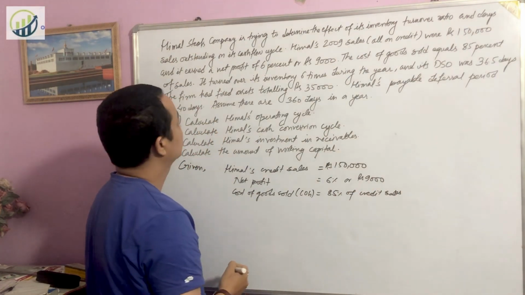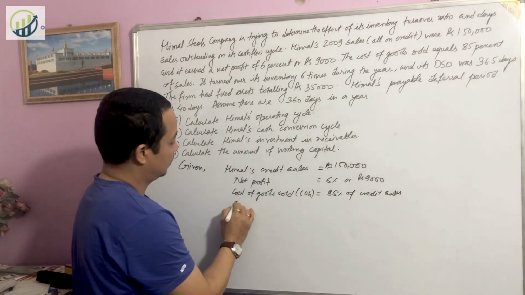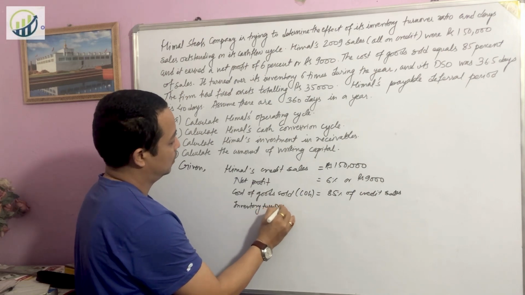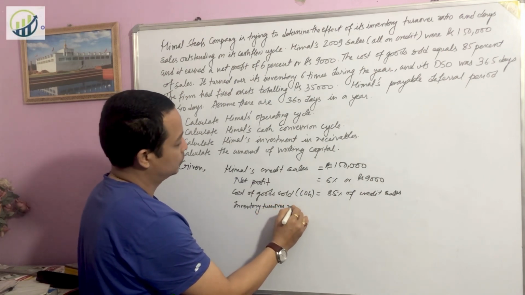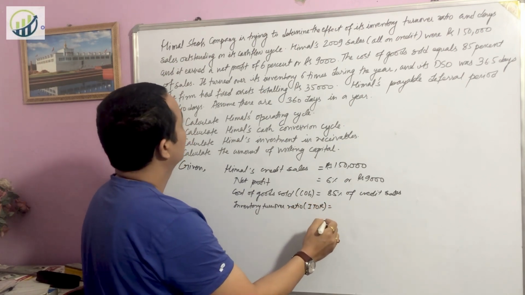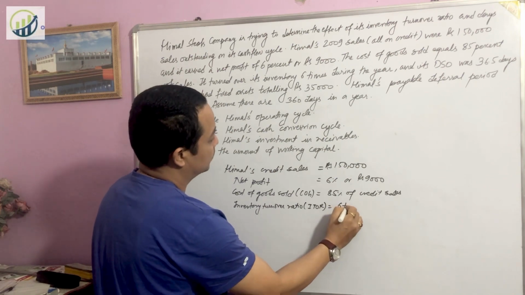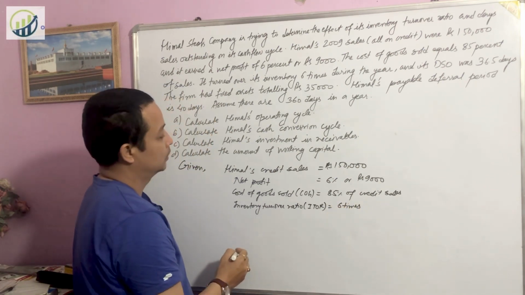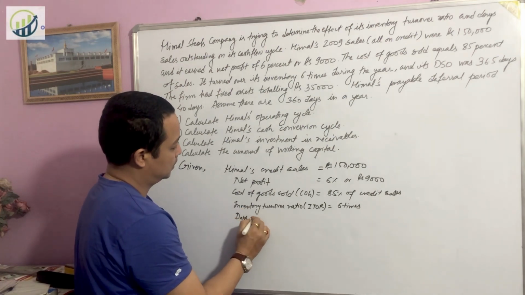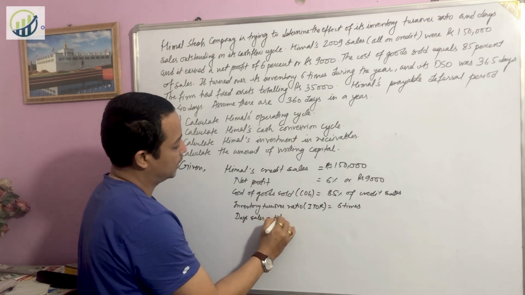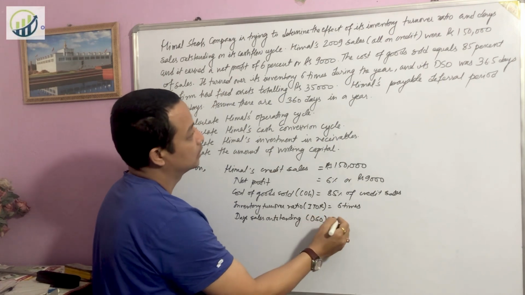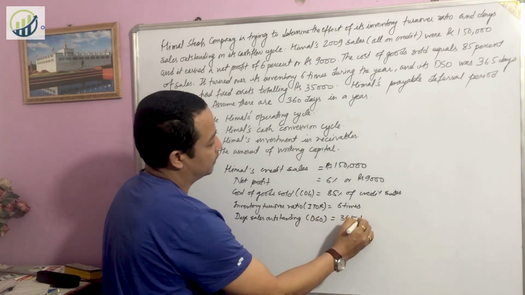Inventory turnover ratio is 6 times. DSO, days sales outstanding, is 36.5 days.